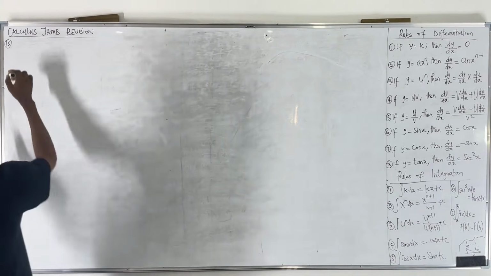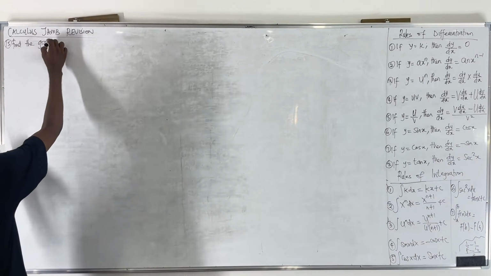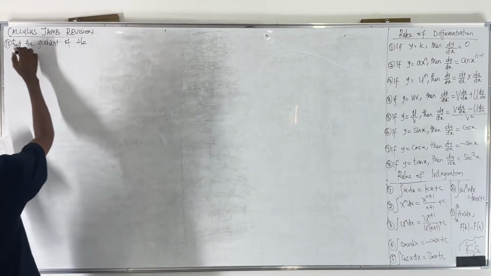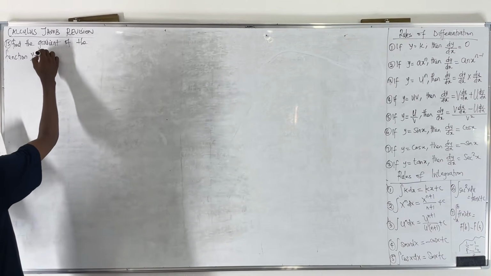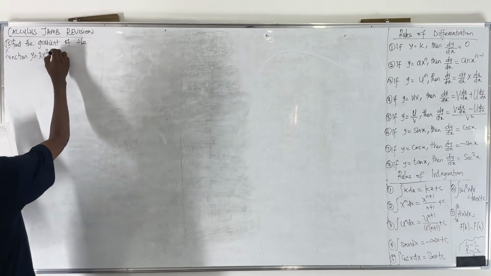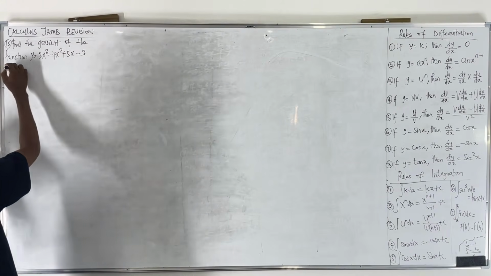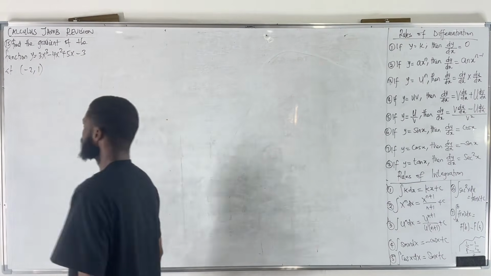Number 15 says, find the gradient of the function y equals 3s cubed minus 4s squared plus 5x minus 3 at (minus 2, 1).